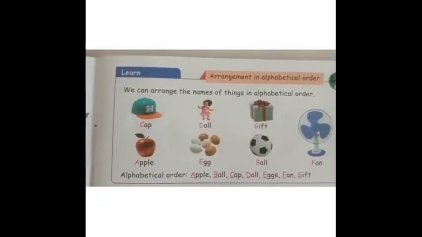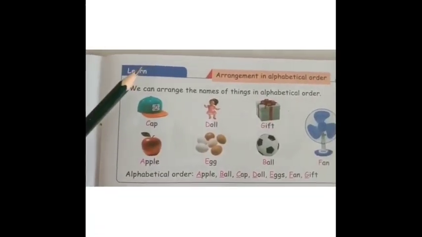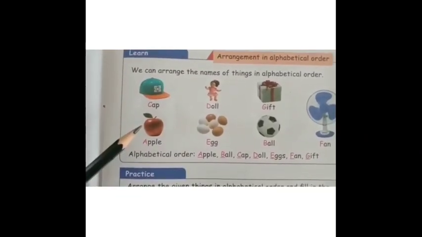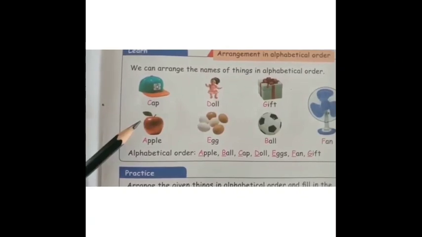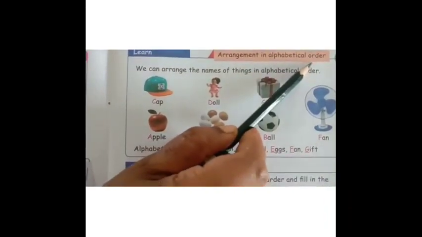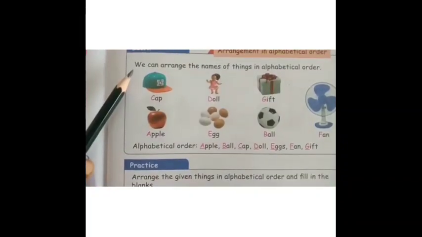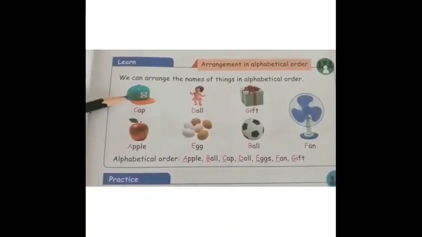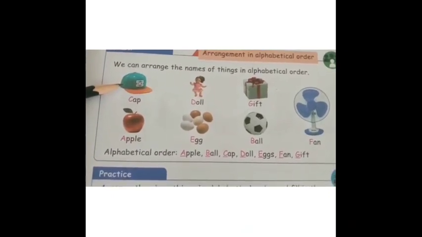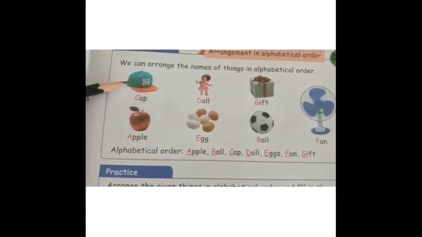Next, let us learn how to arrange the given objects in alphabetical order. Arrangement in alphabetical order. Alphabetical order means A to Z. Look at the given objects here.